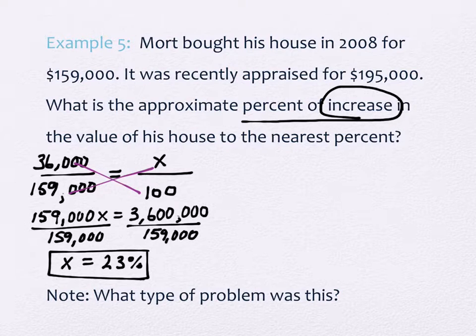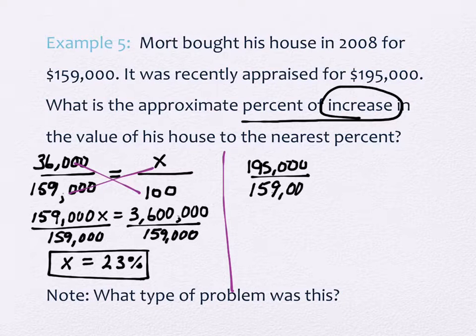Okay. Let me pause for a moment. You don't necessarily need to write this down, but I do want you to be aware of how the problem would look differently if you had not been aware of this percent increase business at the beginning and you had proceeded down a slightly different path. So if you had decided new price is the 195,000 and you had done that value over 159,000 is equal to X over 100.